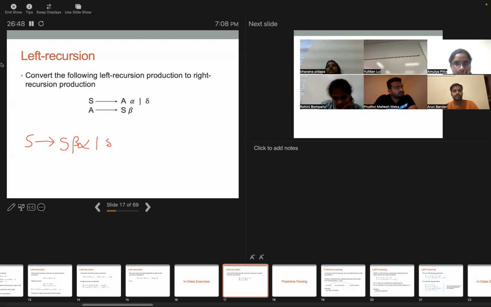In this example, we have one delta, alpha, beta, or all other things.